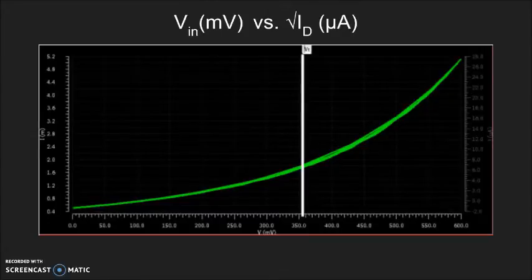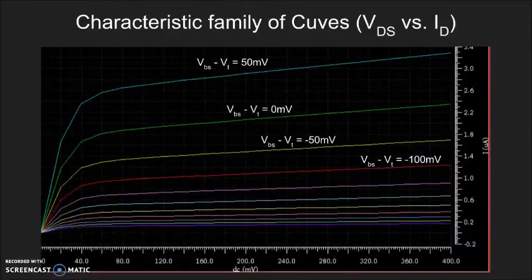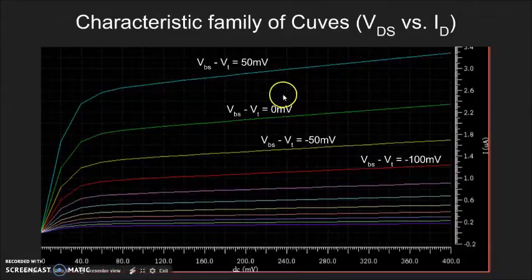Now, as you said earlier, the main downside to this topology is still the fact that the transconductance of the bulk is a lot less than that of the gate. But moving on to the next family of curves, VDS versus ID. As I said before, these are still all in the weak inversion area, and as you can see, VBS moves down as it steps down.